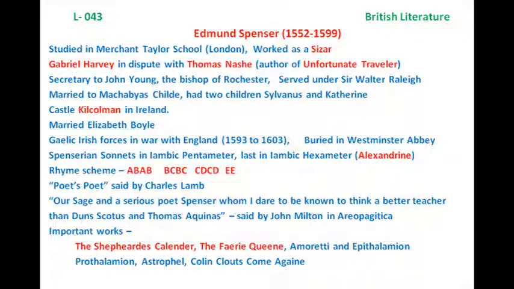Sage means hermit sort of person. And there are two names: Scotus means Duns Scotus, a Scottish man from 12th or 13th century, and Thomas Aquinas. We will also study about him in future. So he's thinking that Spenser is far better than these writers.